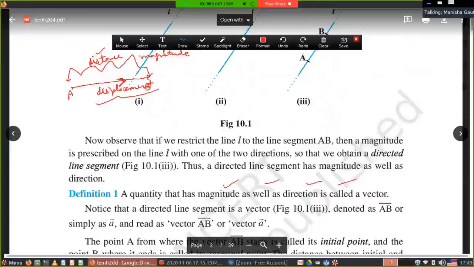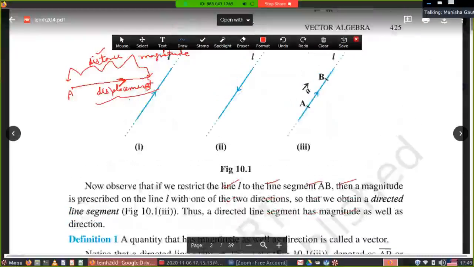Notice that the directed line segment is a vector and is denoted as vector AB like this. In the above, you can see the arrow is given, which means direction is given to you. In the first and second, only direction is given.